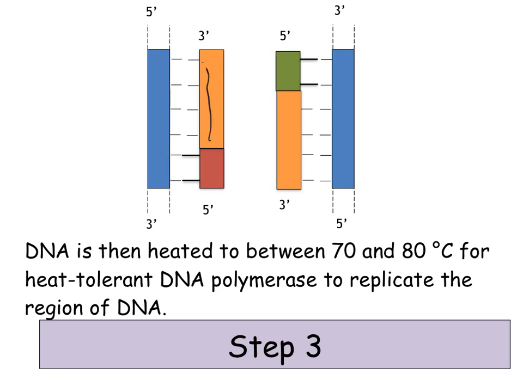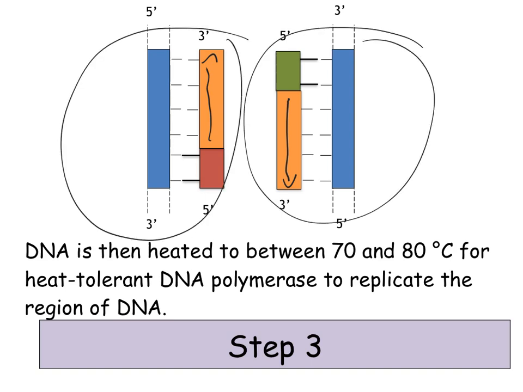So we've got replication happening in this direction and replication happening in this direction here, and this strand is replicated. You have to use heat-tolerant DNA polymerase because, if you remember properly from your enzymes, they can be denatured at high temperatures, and this is a special enzyme that's been obtained from bacteria that are found at high temperatures, so it's able to tolerate the temperature that we're using here. So now we have two copies of the DNA, one here and one here.